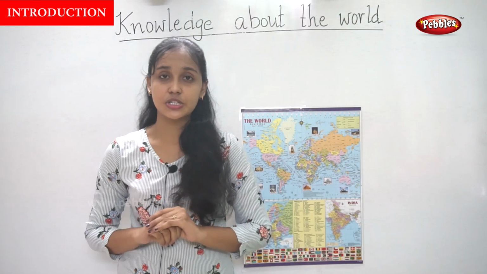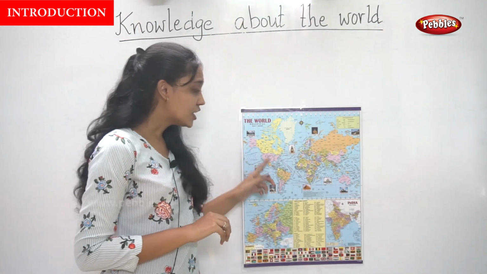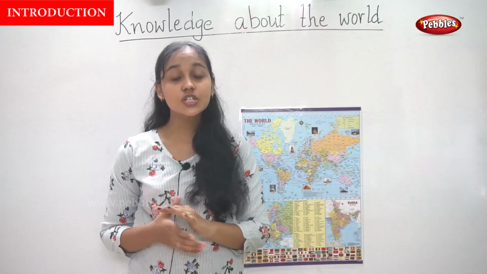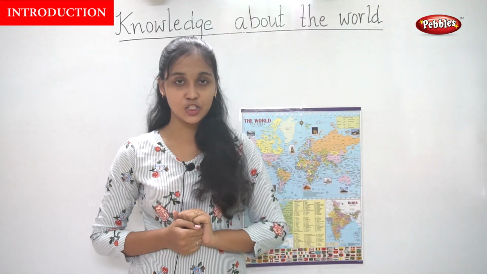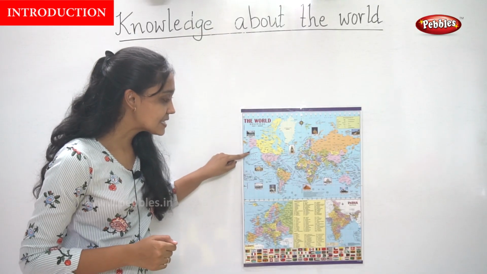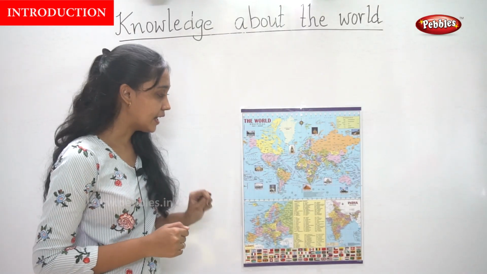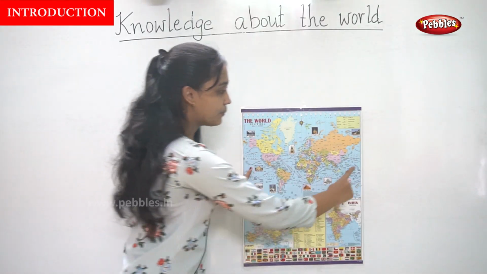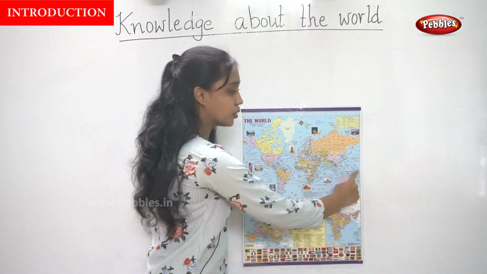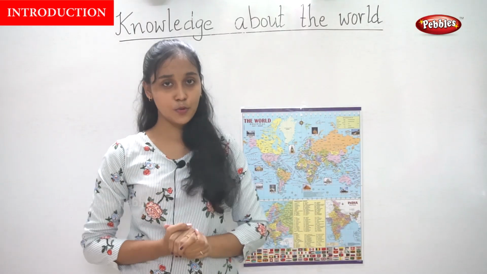What about the oceans? So just like how the continents have names, the oceans also have names. So we have 5 oceans in total. So this is the Pacific Ocean. Now, if you look carefully, you can see that the Pacific Ocean is on both sides. So how is that possible?